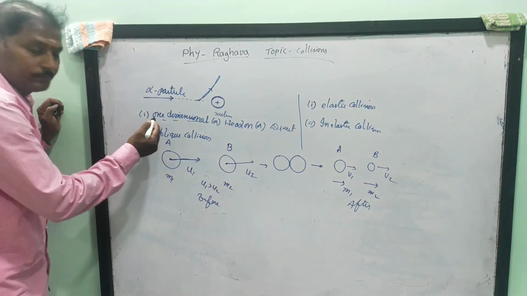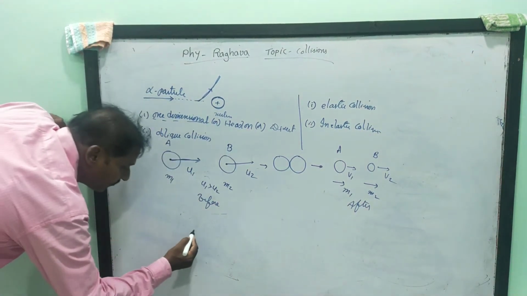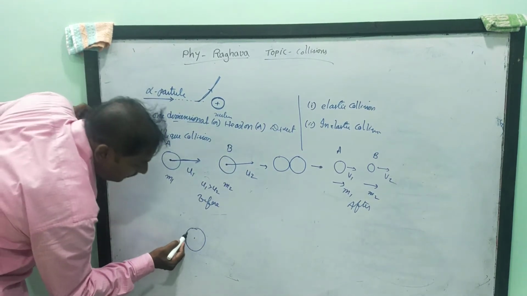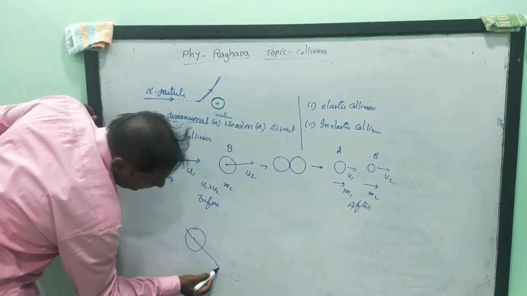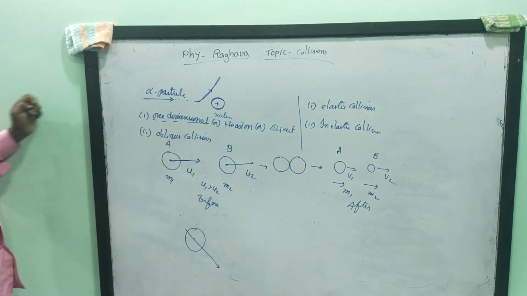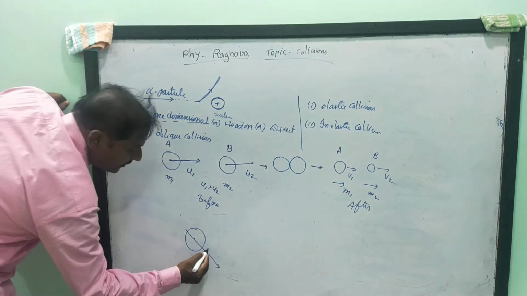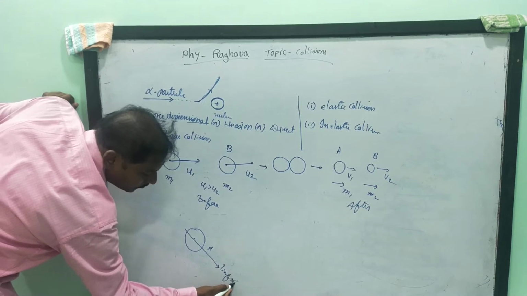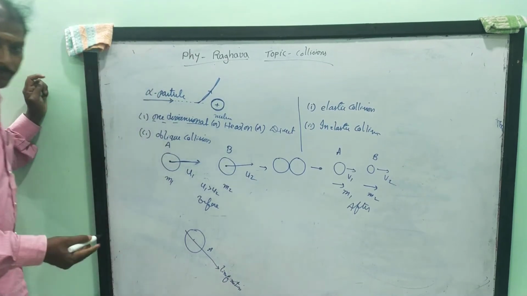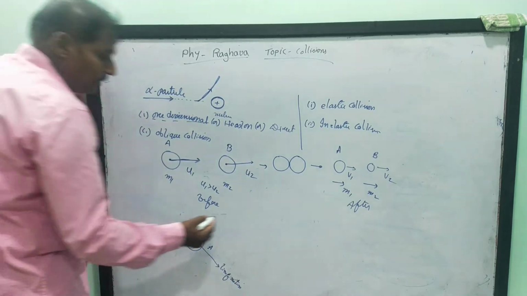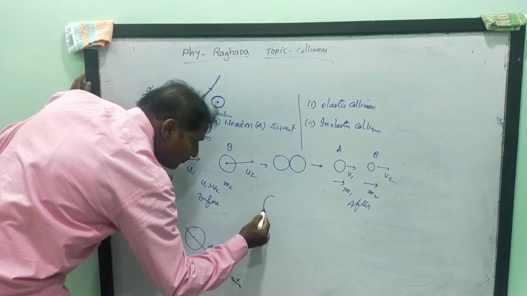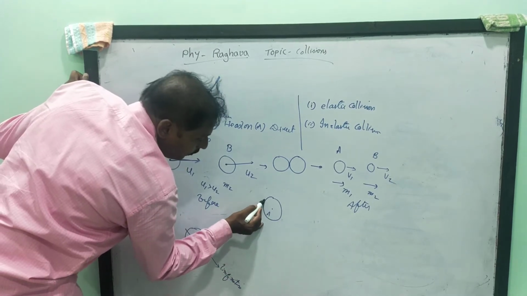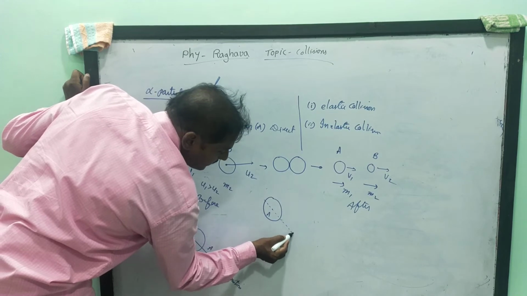Number two, oblique collision. For body A, the center of mass is there, and the line of motion of the body is directed as in this figure, represented by dotted lines.